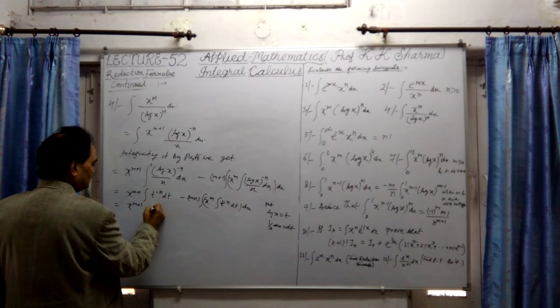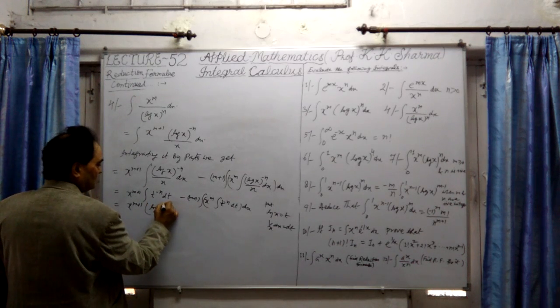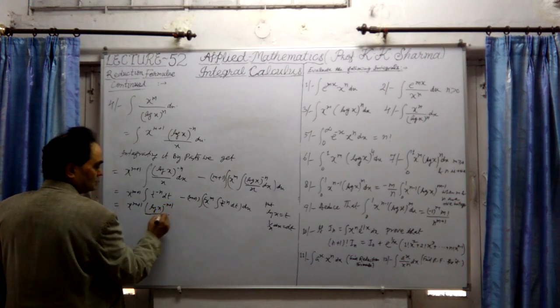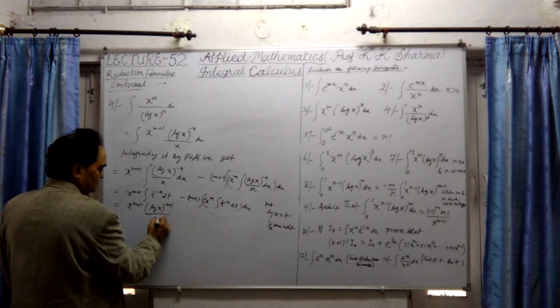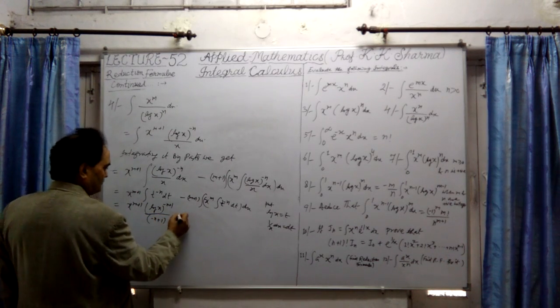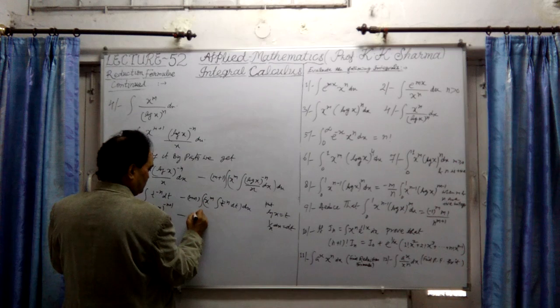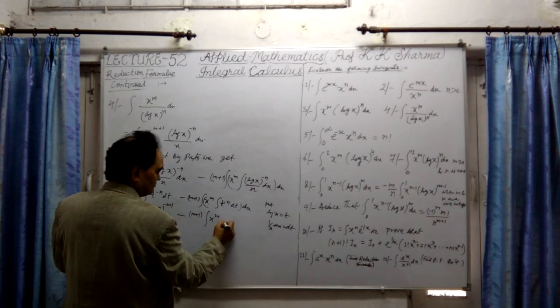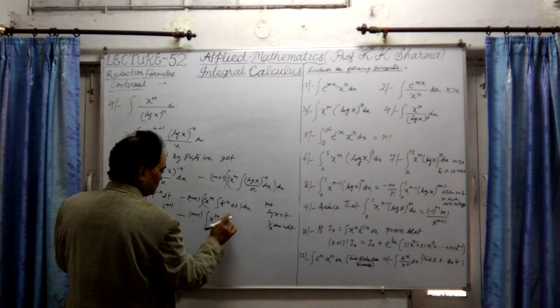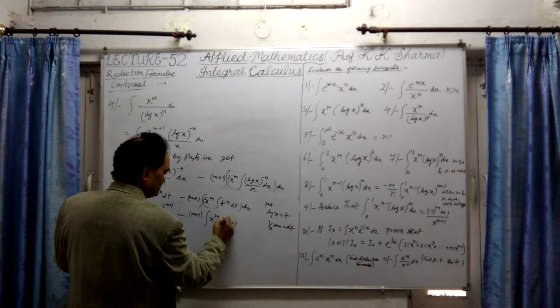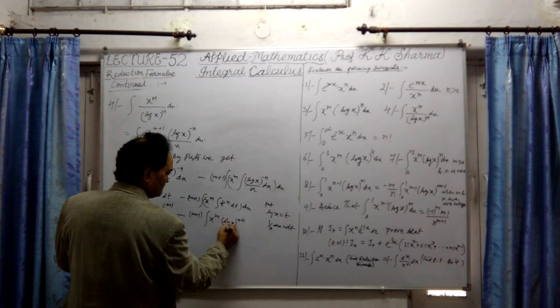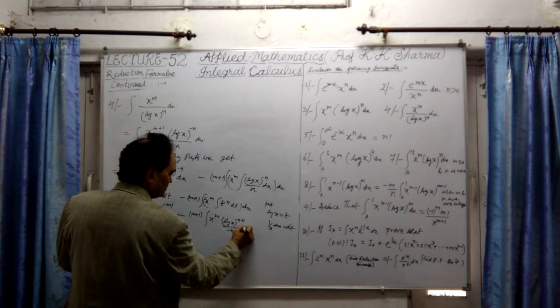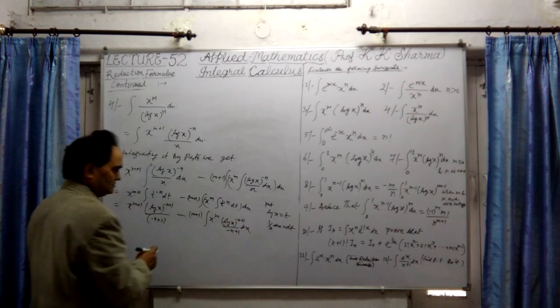That means (log x) whole power minus n plus 1 upon minus n plus 1. Minus n will be n plus 1. Out of the integration, x^n times the same value, (log x) whole power minus n plus 1 upon minus n plus 1, into dx.